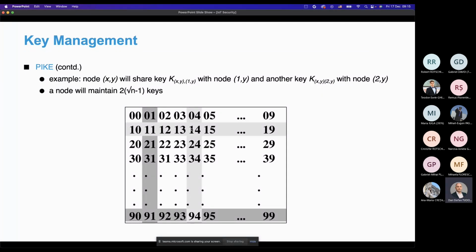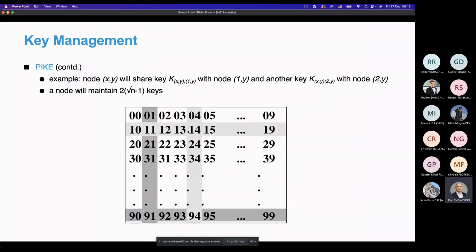If node 14 wants to perform a key establishment with node 91, there needs to be a key establishing scheme. Node 14 can identify potential intermediaries just by looking at the intersections of the shaded boxes.